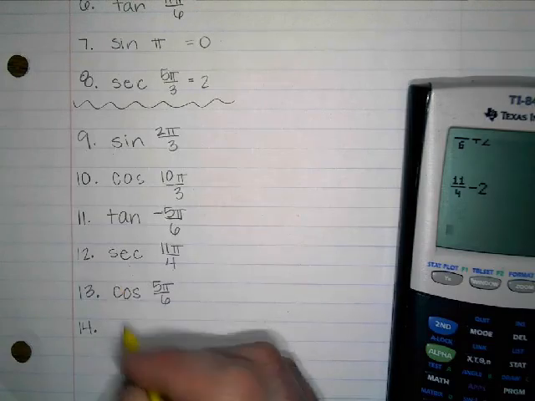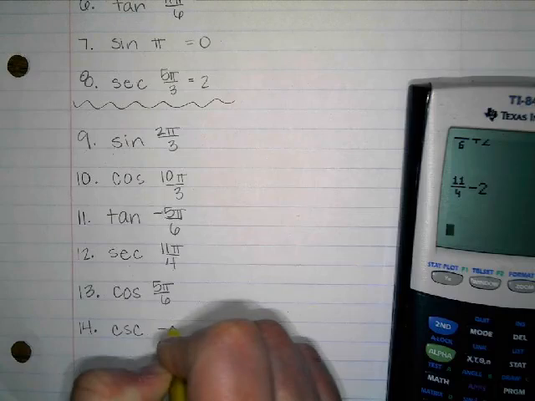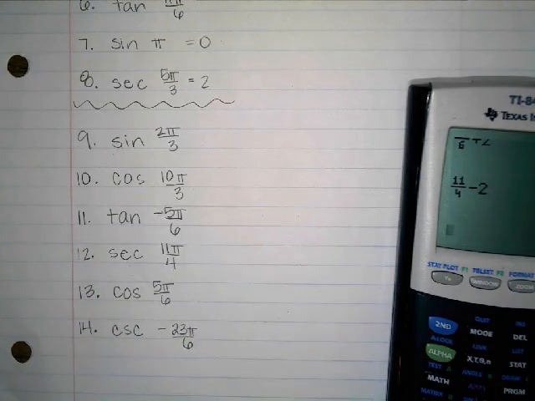Cosecant negative 23 pi over 6. Negative 23 pi over 6.